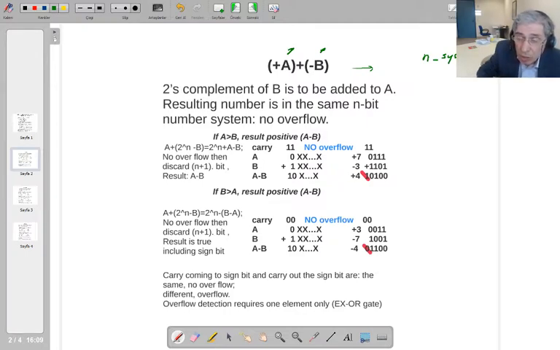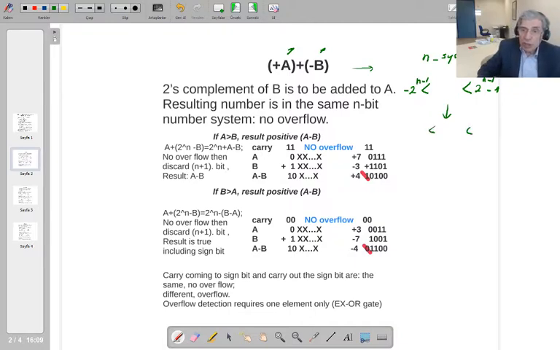In the n number system, we know that the numbers that we can represent are in this range, isn't it? Let's say you did that operation and you end up with a number which is not in this range. That means you're going to increase your number system one up.